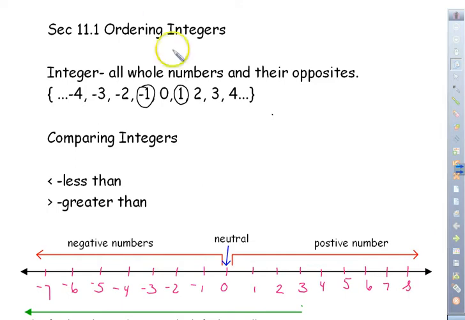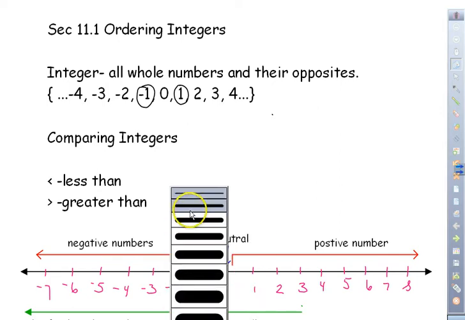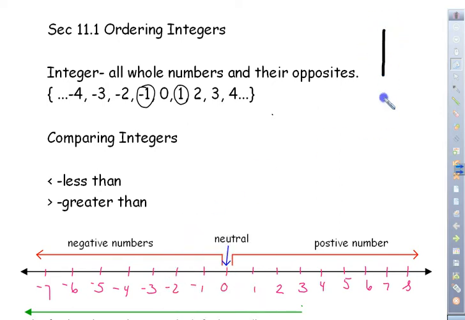Another thing you can think of is temperature, and temperature can also be written on a number line that is vertical, starting at 0, and then going up would be 1, 2, 3, 4, 5. And the higher up you go, the warmer the temperature gets.